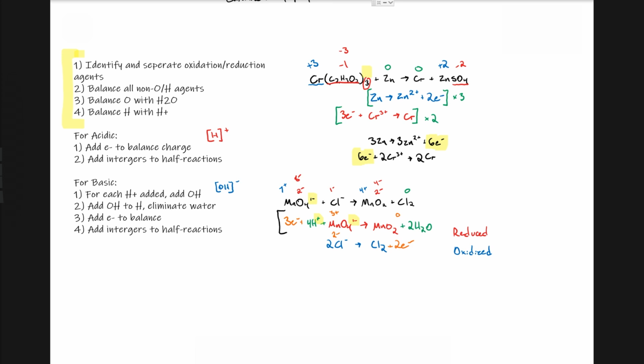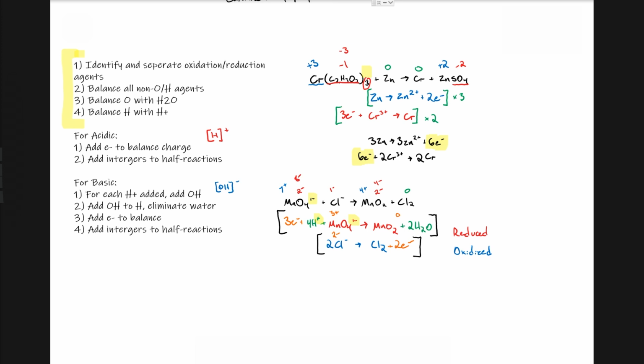We have our reduction half reaction right here, and we have our oxidation half reaction right here. And that makes sense, right? Because reduction is gaining electrons. So anytime that you have reduction, you know that you're going to have electrons on the left side of the equation, because if you're gaining electrons, you're adding them into the equation.